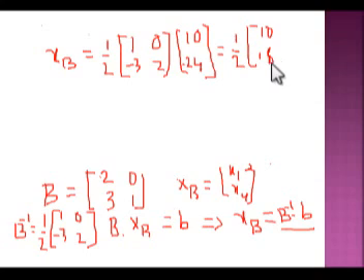Multiplying with half, it will be 5 and 9. So this will be 5 and 9.